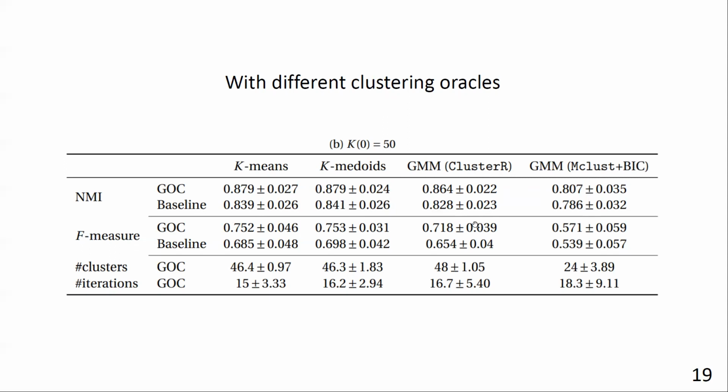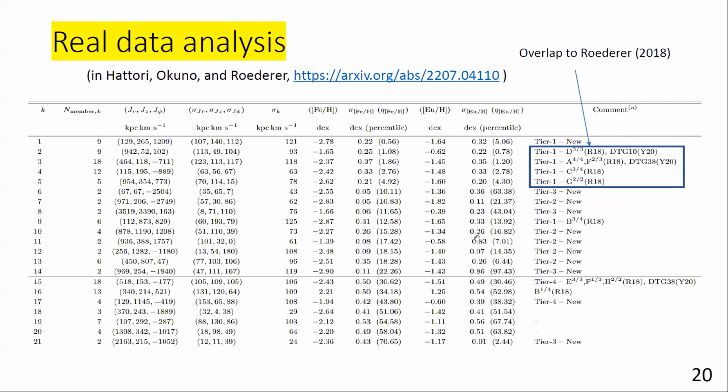Okay. So far, we confirmed the proposed GOC algorithm by using the synthetic dataset. So at last, I'd like to show a small part of the real-world dataset analysis briefly. This slide shows the clusters found by the GOC algorithm applied to real-world datasets.